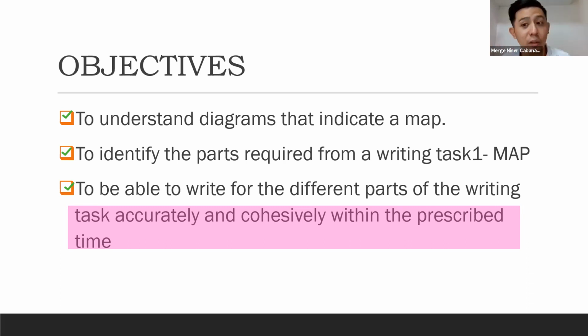Not only that, but I also need to have a personal, okay, professional relationship with task 1 that will enable me to understand it much better so that I can prepare much better on my test. So that is what a writing task 1 is, and that is our objective for today.